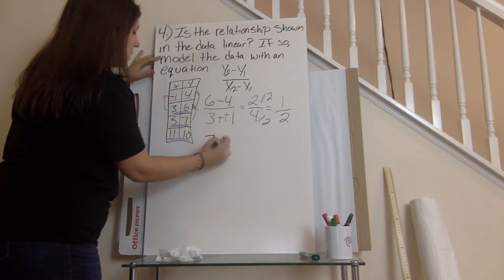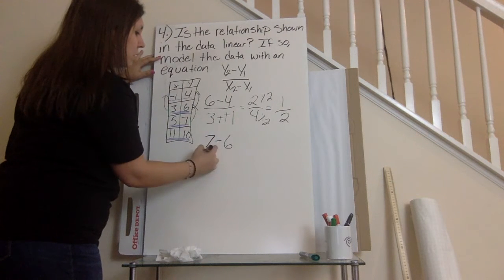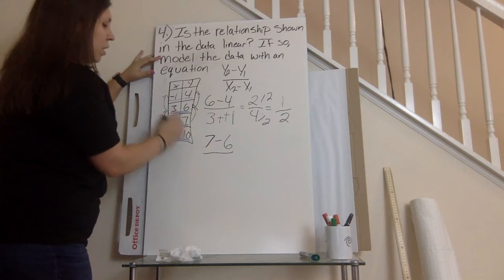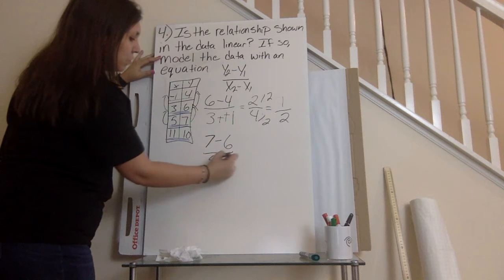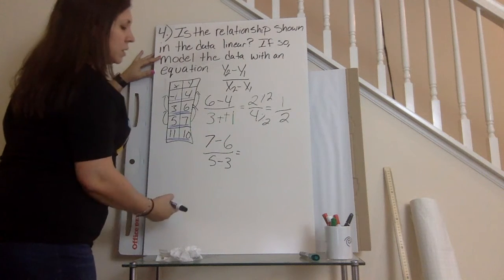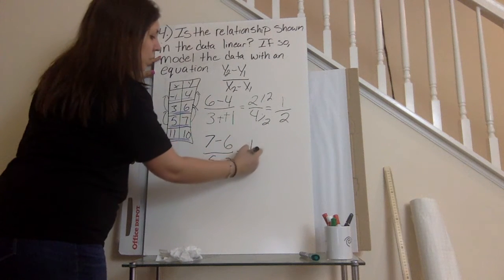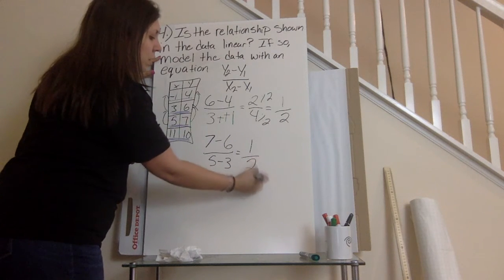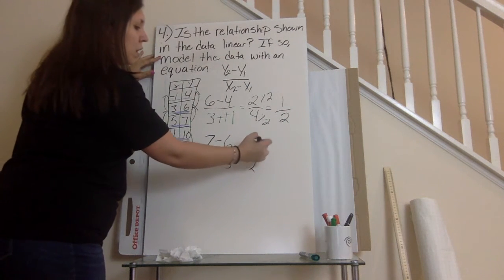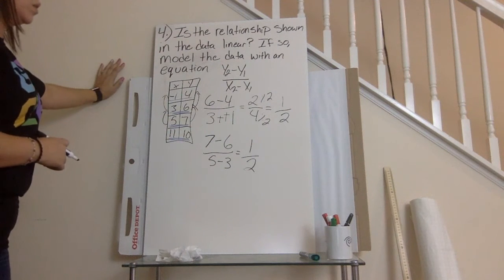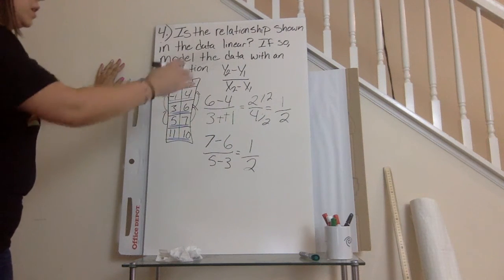So we're going to do 7 minus 6 divided by, going up, 5 minus 3. 7 minus 6 gives me that 1, 5 minus 3 gives me that 2. And so far I do have that pattern of getting 1/2.